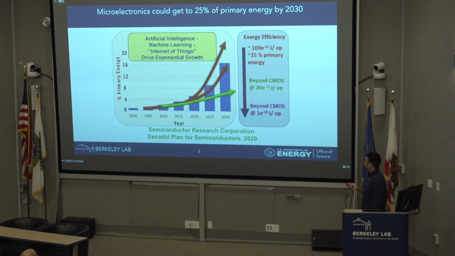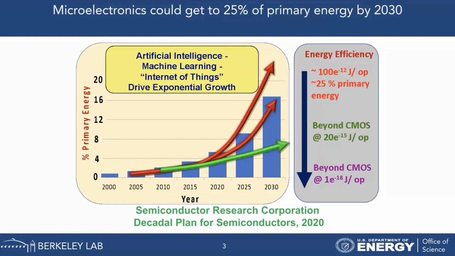Especially with the growth of artificial intelligence and machine learning algorithms, the power consumption has just exploded exponentially. If we continue to use current CMOS technology, which takes about 100 picojoules per operation, this is the trend, 25%. If we can reduce the power consumption per operation to attojoules per operation, then we can reduce this overall percentage from 25% to less than 10%.